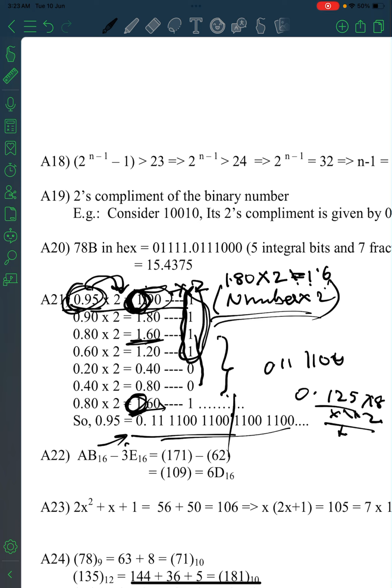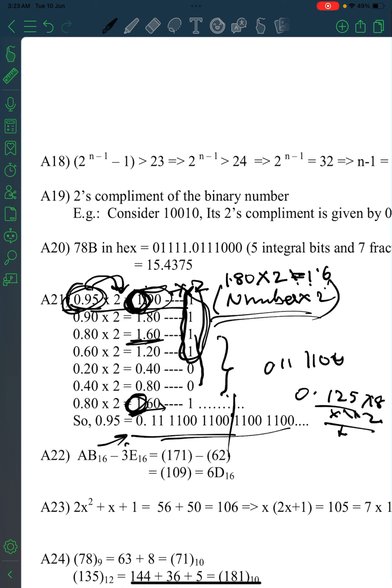So it's 0. In this manner you should write 1, 1, 0, 0 according to whether the result of each multiplication is 0 or 1. For the 0.125 case, multiplying by 2 gives 0.250, so it's a 0.